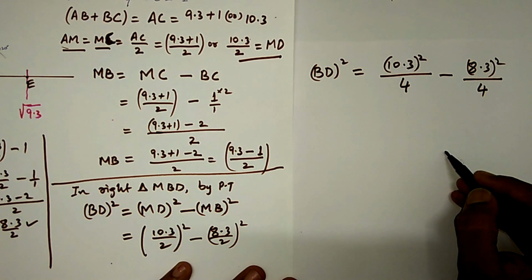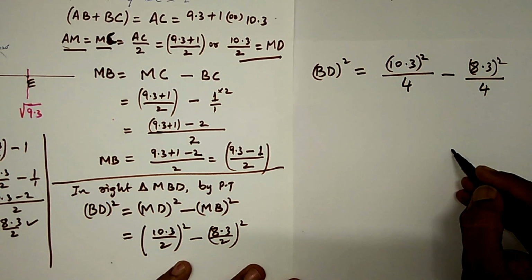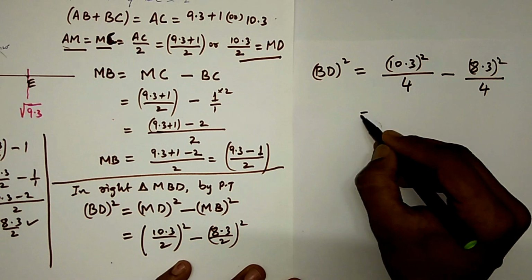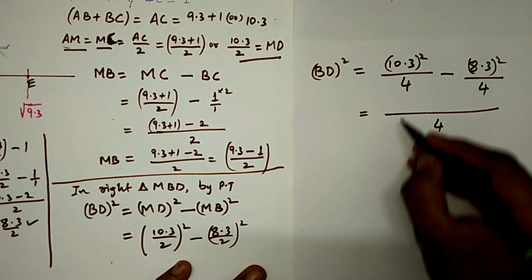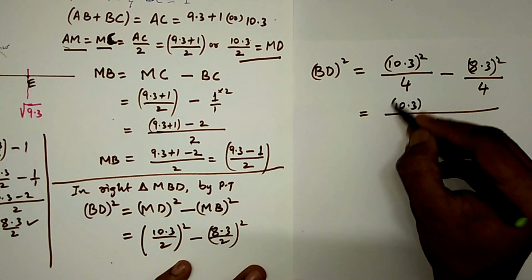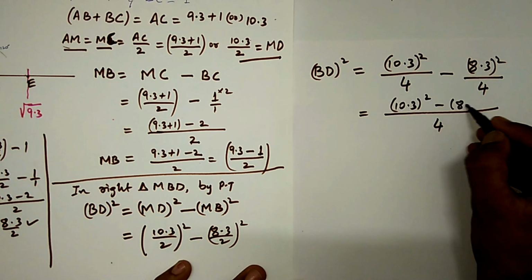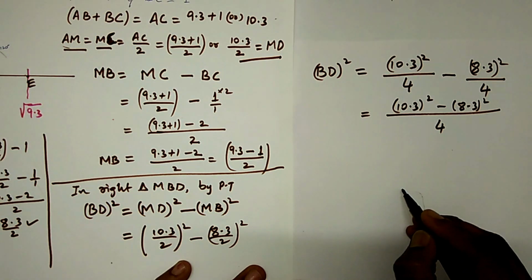You know, (A by B) whole square is A square by B square. After that, LCM is 4. I got as it is 10.3 square minus 8.3 square.